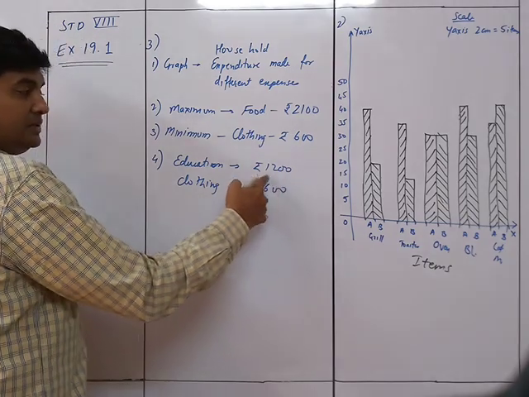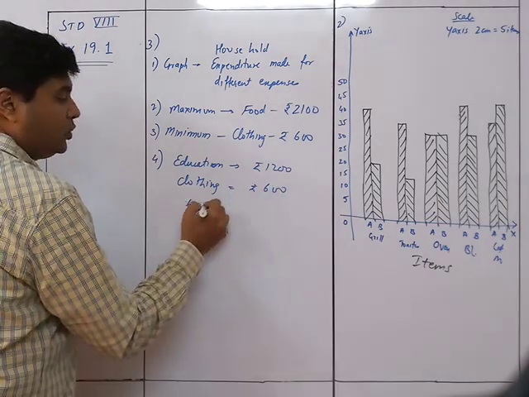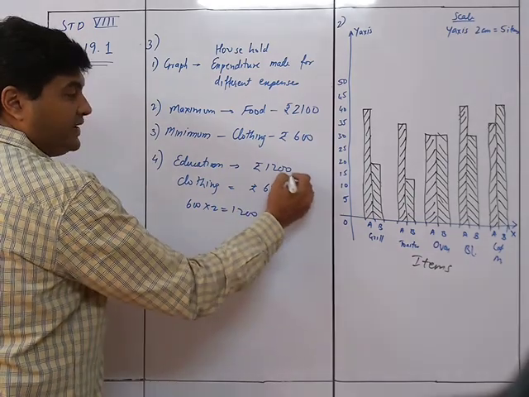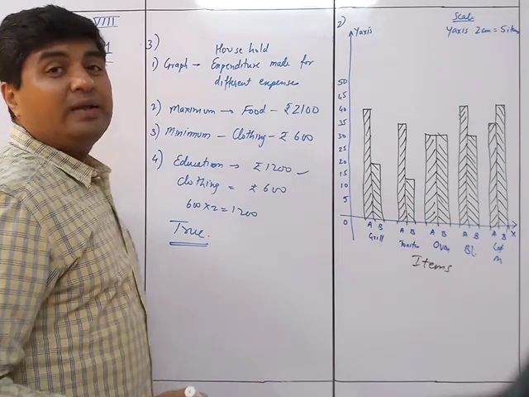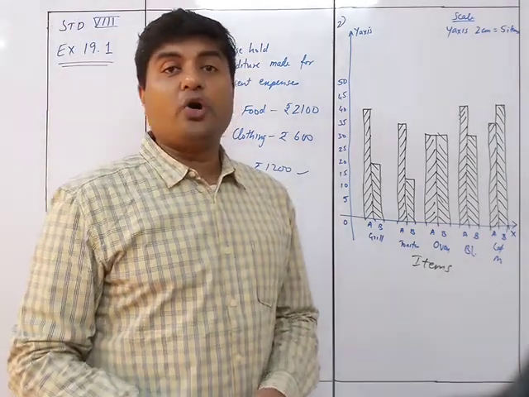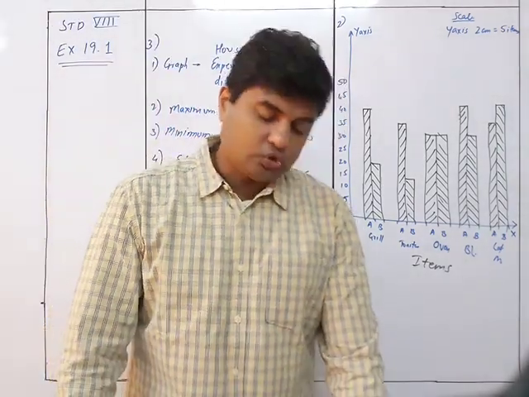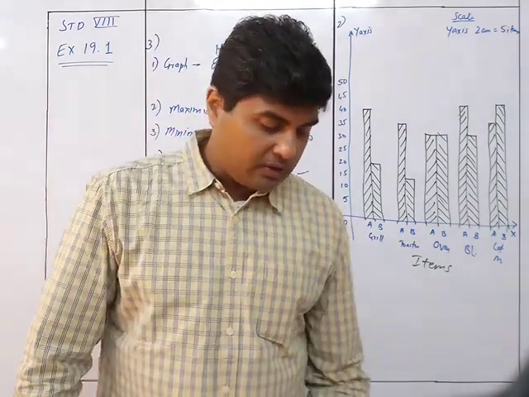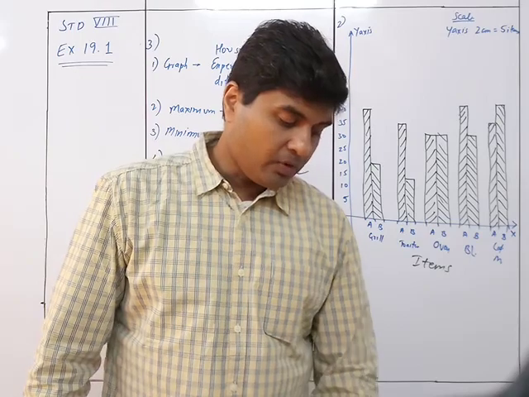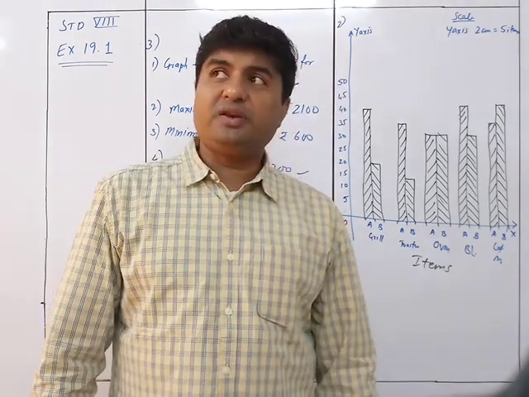So yes, 600 into 2 is equal to 1200. So yes, it is true. So the answer is true. The expenditure for education is twice the expenditure on clothing. So that's true for that value. Got it? So that was question number 3.